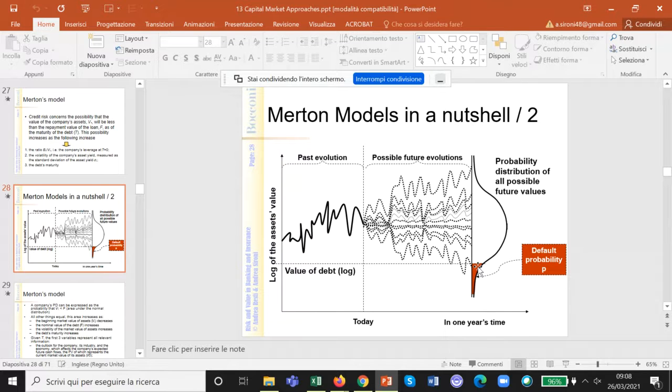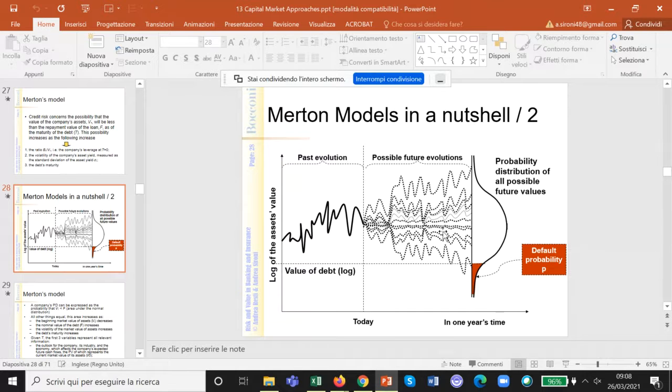Therefore, the company would have negative equity, and therefore there would be a default, okay? Now, if this is the case, then this area in brown, or if you want red, is the default probability of the company, okay? So if we want to estimate the probability of default, it's just trying to understand what is the value of this area, okay?